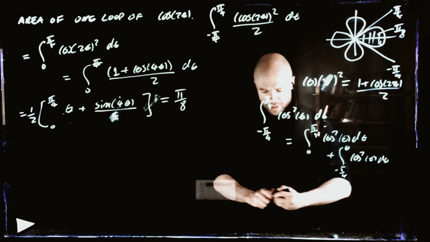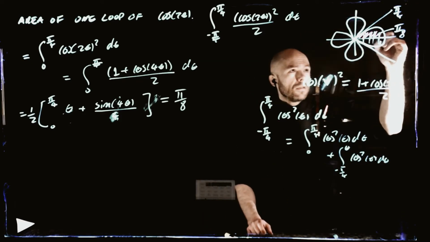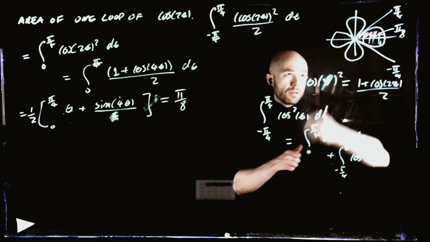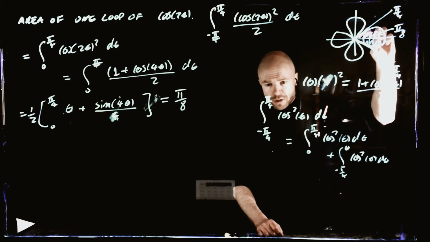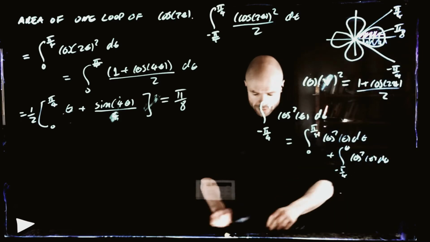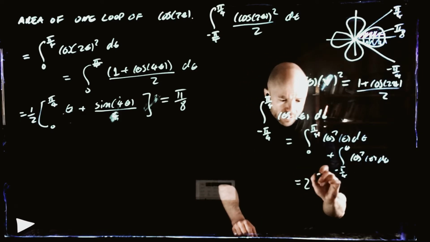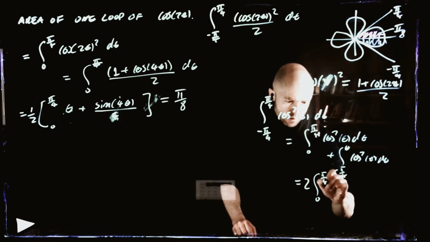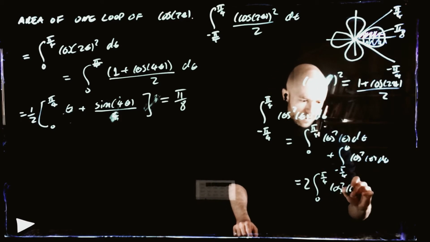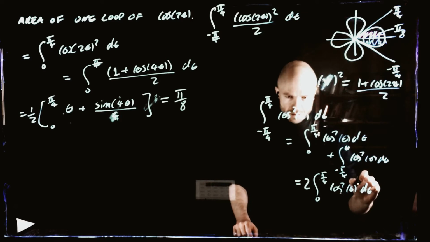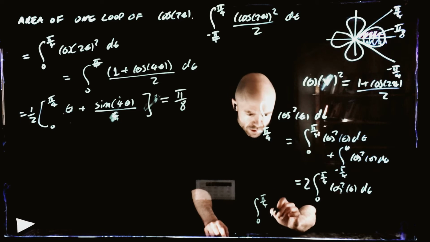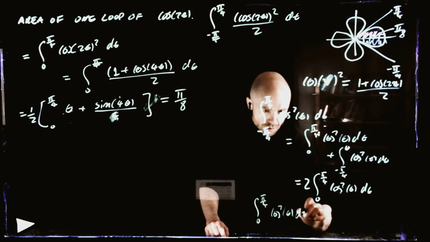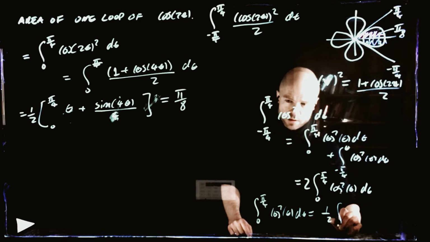So that's like doing the top half and then the bottom half. But you see that they're the same area because it's a symmetrical expression. It's the same area. So this thing is the same as just doing twice the top half. Yeah? So then when we divide by 2, we have that this thing is 1 over 2, this thing.